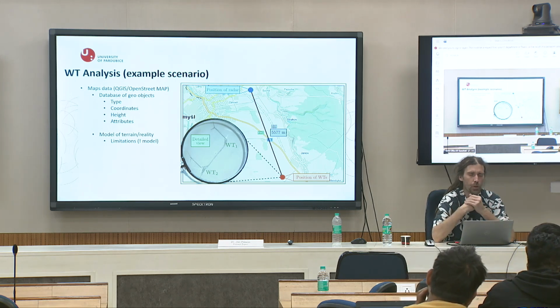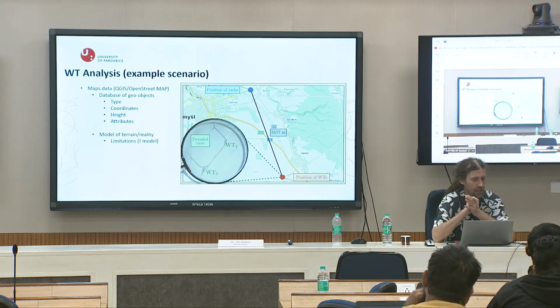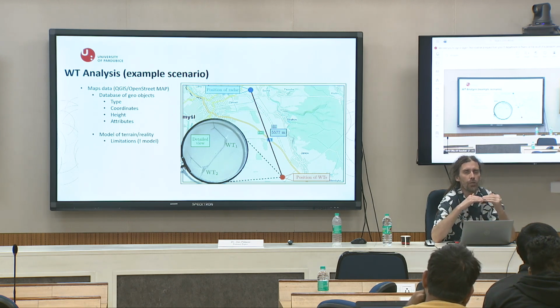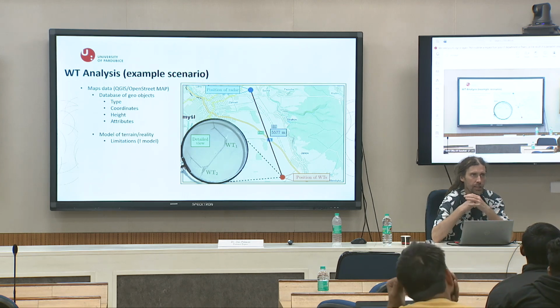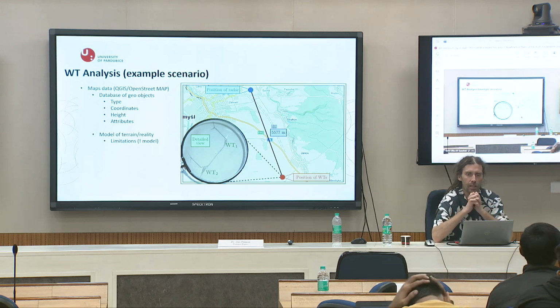OpenStreetMap, map.com, even Google Maps, it is not a picture, it is nothing like this. It is just a database of geo objects with different levels of detail. Sometimes there is no information, sometimes there is information.